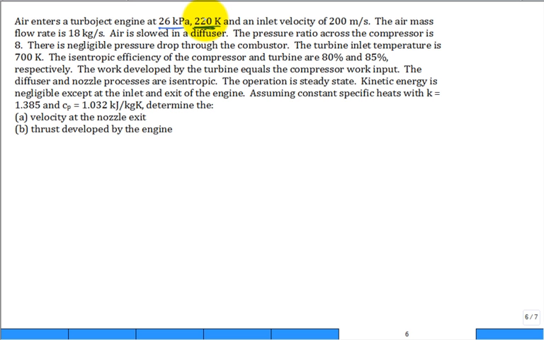I know the atmosphere varies a lot with weather conditions, but this is an average value. At that 10,000 meter altitude, around 32,000 feet, a lot of engines fly. So there you are: about 26 kilopascal and about 220 K.